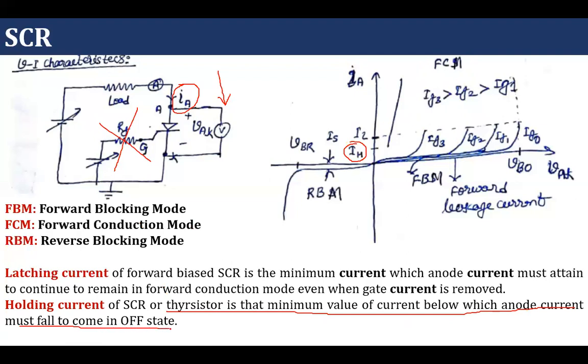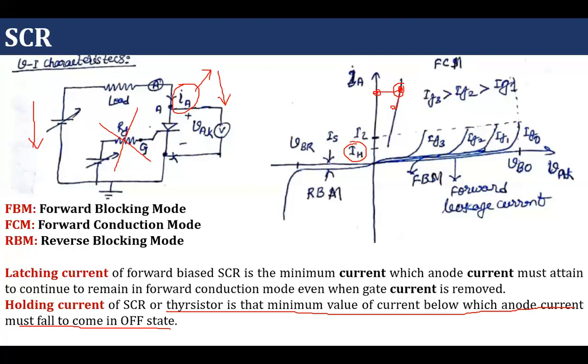to come into off state. That means, suppose device is working at this point, that means this much anode current is flowing through the device, and I have to turn off this device. So one way is, by any way we have to reduce this anode current. Suppose I am decreasing this voltage to reduce this anode current. So what will happen?